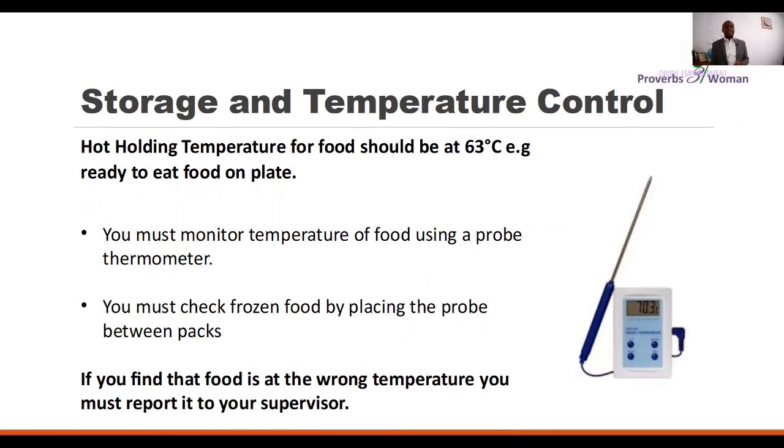Now, if you find that the food is at the wrong temperature, you must report to your supervisor or to your chef. Okay, so remember, when you're serving food, to avoid people eating cold food, make sure it's at least 63 degrees Celsius. That's what we call a hot holding temperature for food.